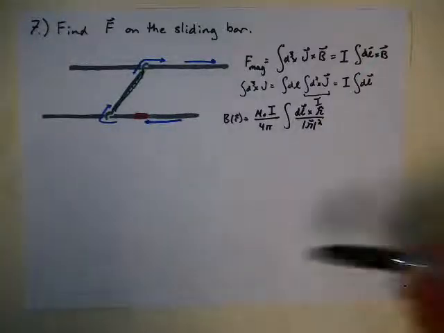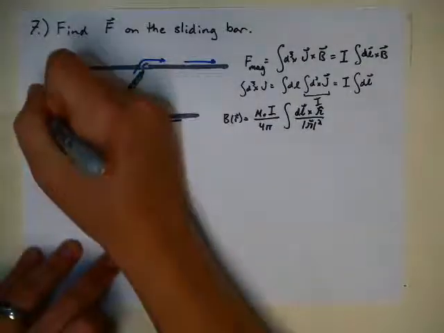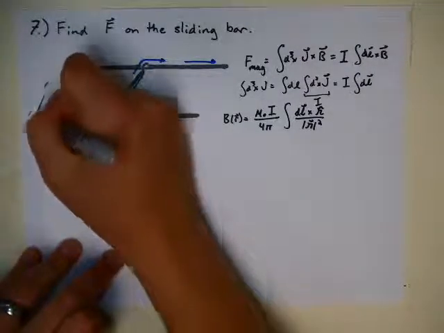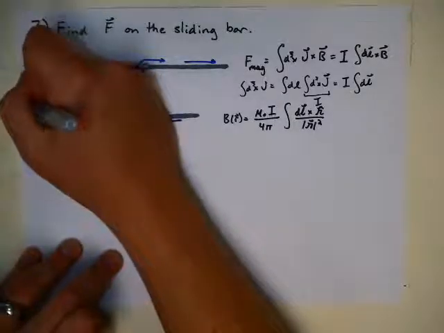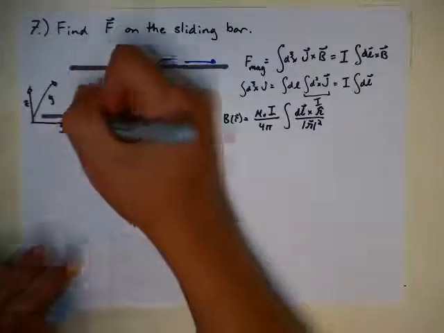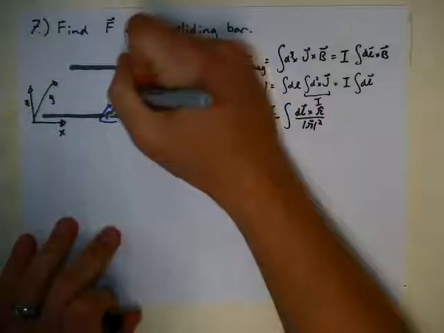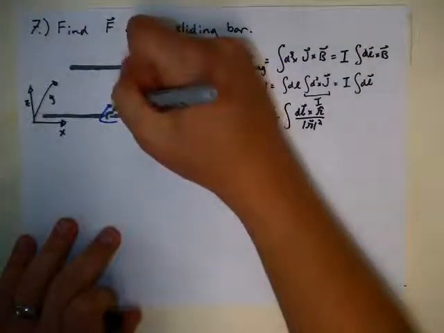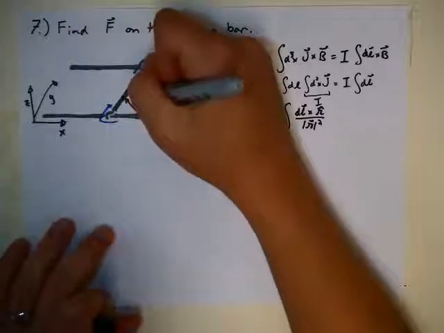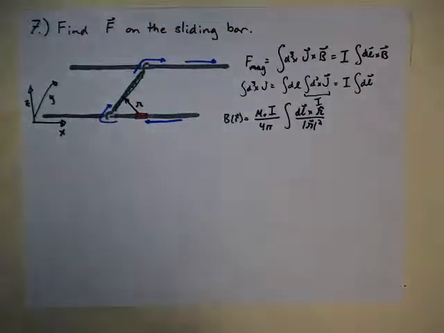For us, in this situation, this is actually going to be pretty easy to specify, and so I might choose my coordinate systems like this: z, y, and x. And if I choose some random point here, this is my script r hat for that current element, dl.